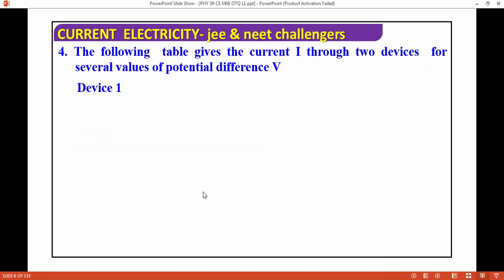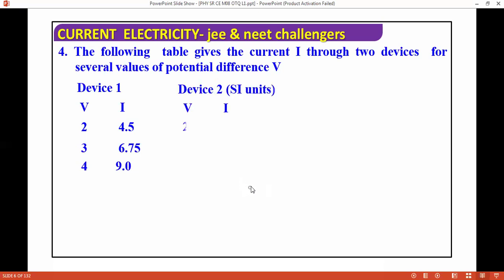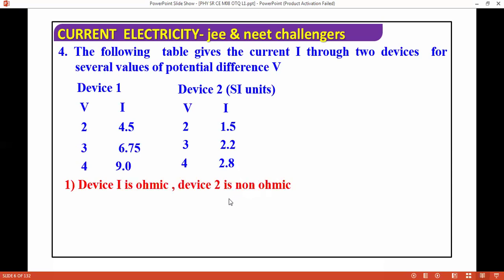The following table gives the current I through two devices for several values of potential difference V. Here we have potential and current for device 1, and for device 2 as well. I am asking which device is ohmic and which is non-ohmic.